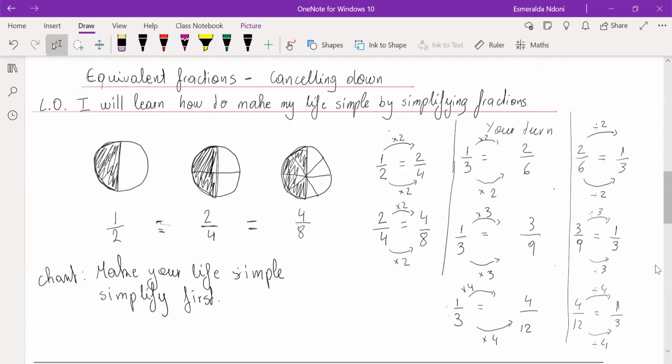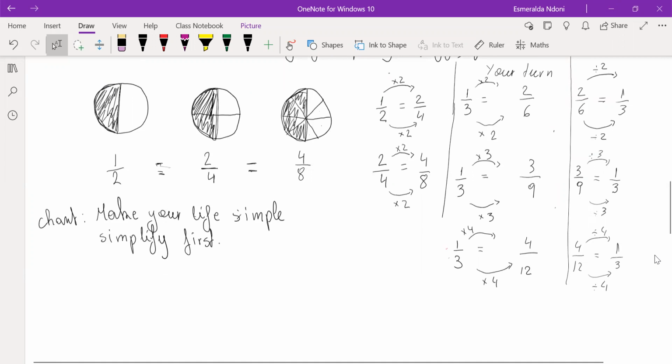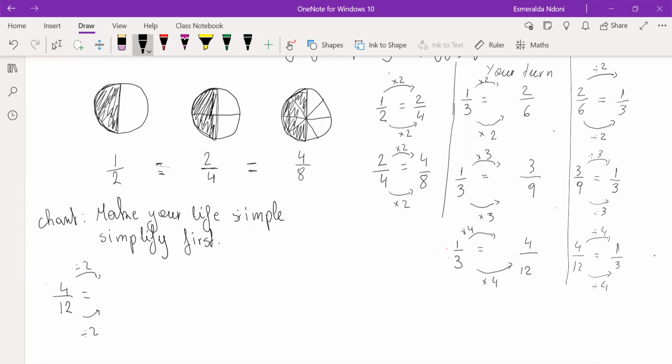Okay, so when I said that we need to divide by the highest common factor, this is what I mean. 4 out of 12 that we had on the previous question, I can divide them both by 2. That's perfectly fine. So 4 divided by 2 is 2, and 12 divided by 2 is 6. There's nothing wrong with it.